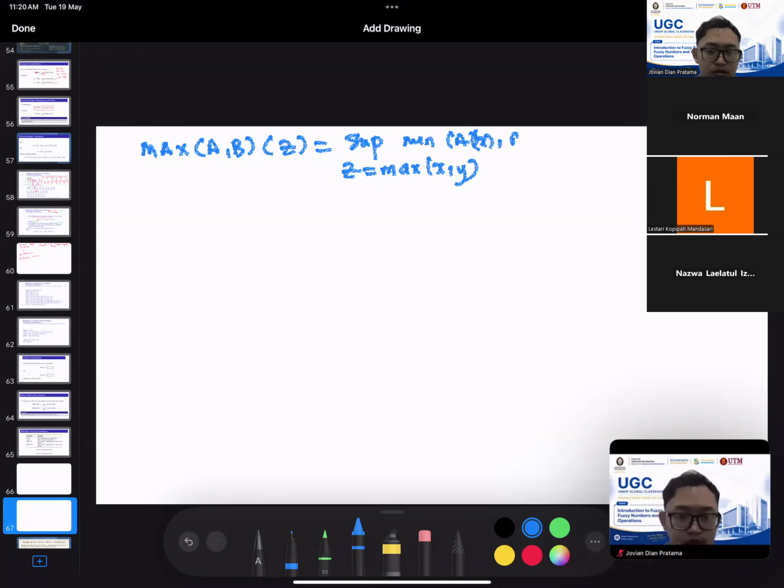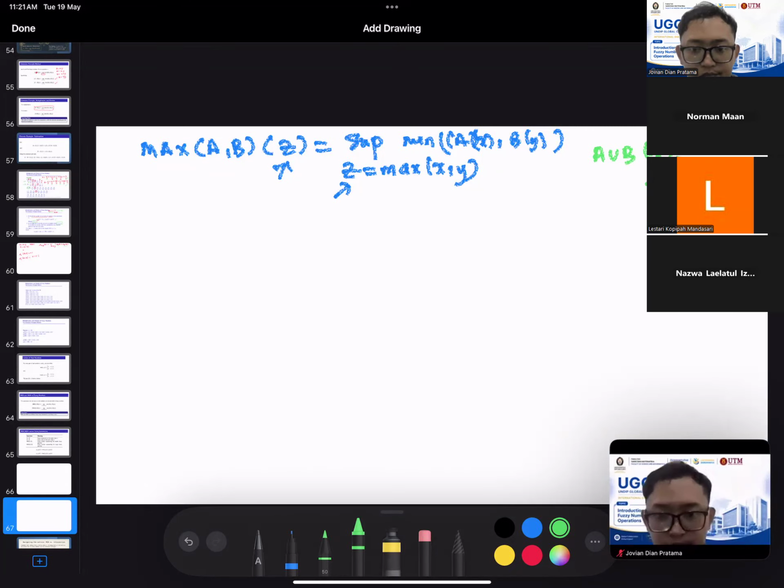So you see, z is different; you choose the minimum between x and y. It's different from what you had just now. When you do A union B, we are talking about the same x, and we choose the maximum between A(x) and B(x). So this is not a little bit different, it's totally different from what you had.